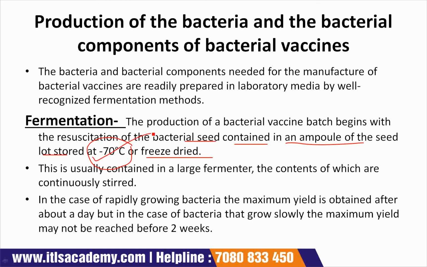The resuscitated bacteria are first cultivated through one or more passages in pre-production media. Then, when the bacteria have multiplied sufficiently, they are used to inoculate a batch of production medium.